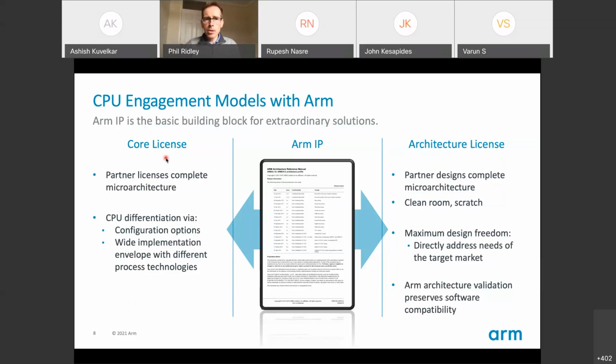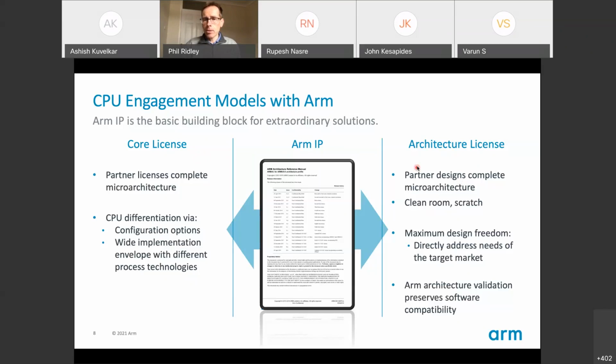And basically what the core license model does is enable the partner to take an existing instruction set architecture from the bottom and just use it with their technology. They don't have to do too much regarding the end design. Whereas at the other scale, the architecture license involves a lot more processor design. So it can be a lot more difficult than if the partner takes a core license model.